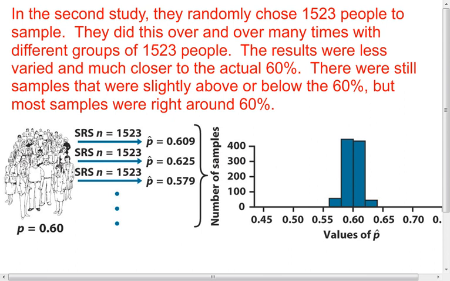Okay? Sometimes you're going to grab a group of people, and for whatever reason, they're not going to represent the population. You get just a fluky group that's overrepresented or underrepresented in some group, and it throws it off. But if you choose a big enough sample, you should get results that are pretty darn close to the actual truth about a population.